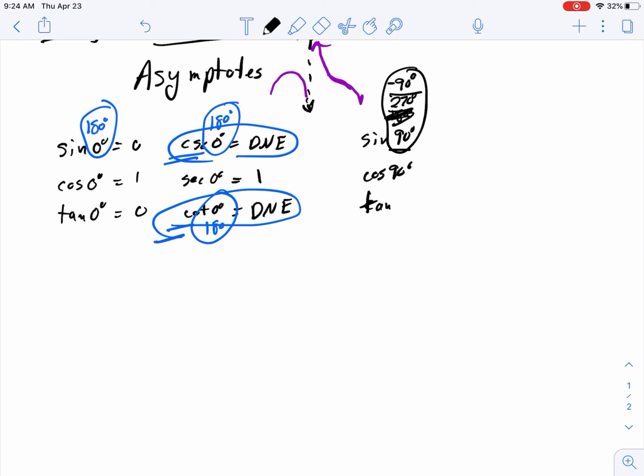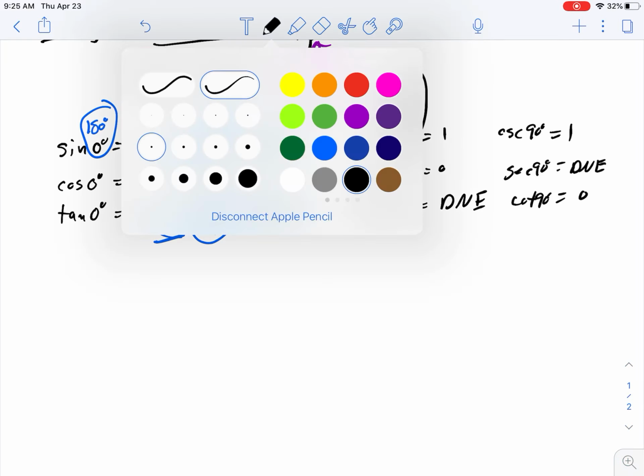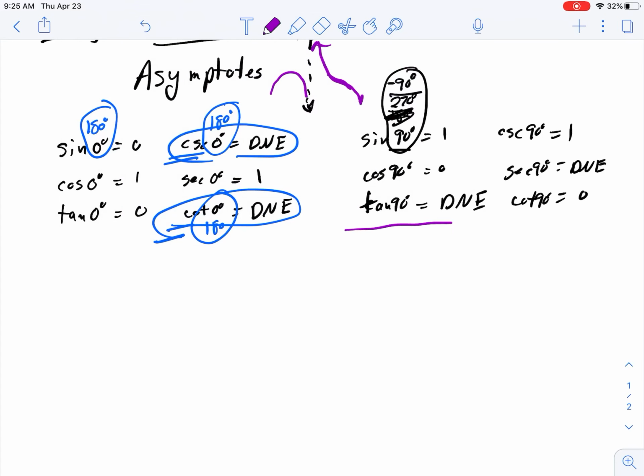So we have cosine of 90 degrees, tangent of 90 degrees. So this is 1, 0, DNE. Now the other ones, we have cosecant of 90, which would be 1. Secant of 90 is DNE. And cotangent of 90 is 0.